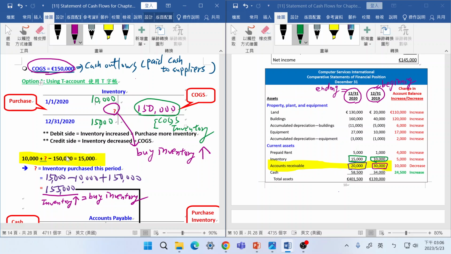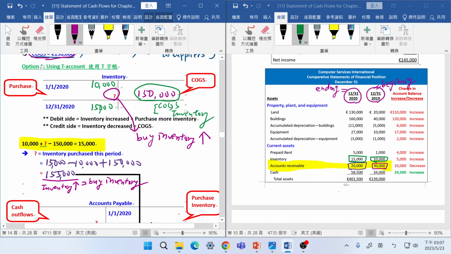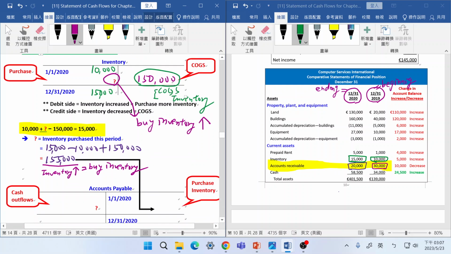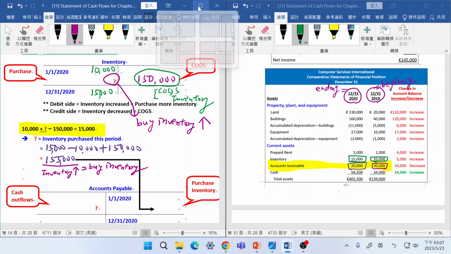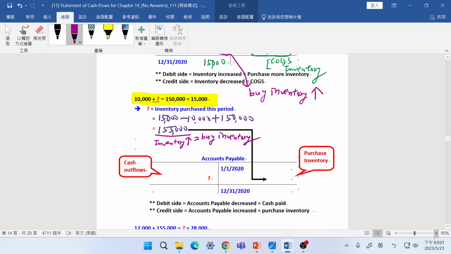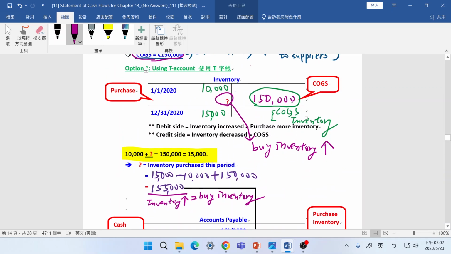So what's the second account? Accounts payable, right? So the second account we need is accounts payable. Any questions so far? I buy inventory, $155,000 is the inventory I purchased this year.